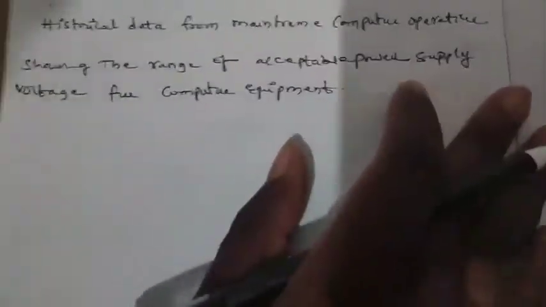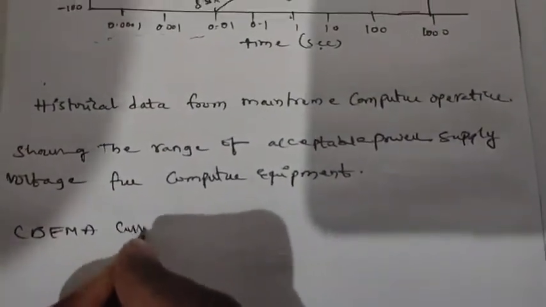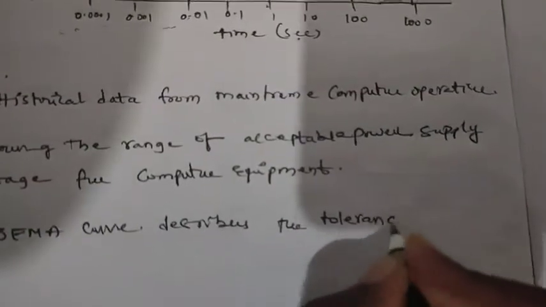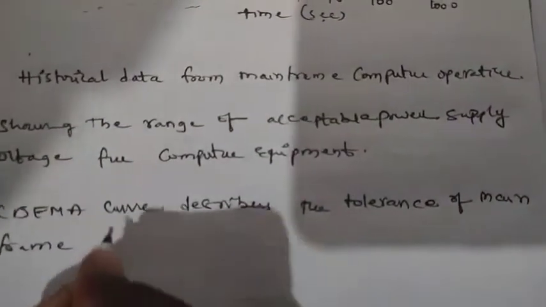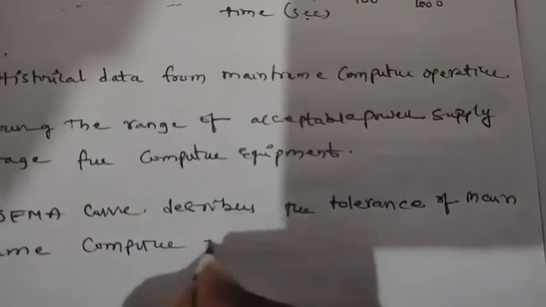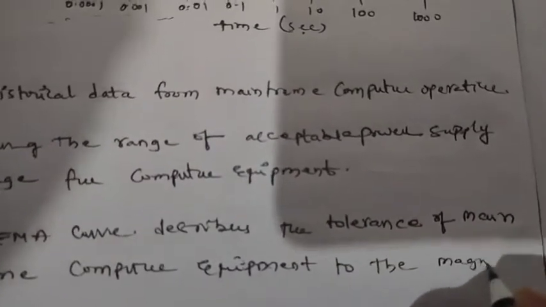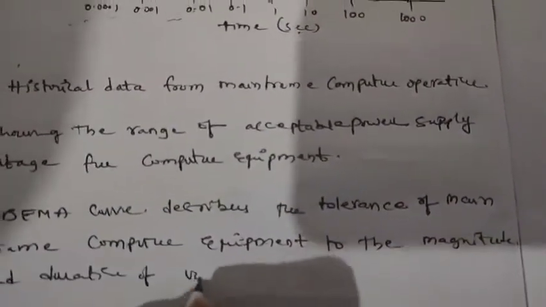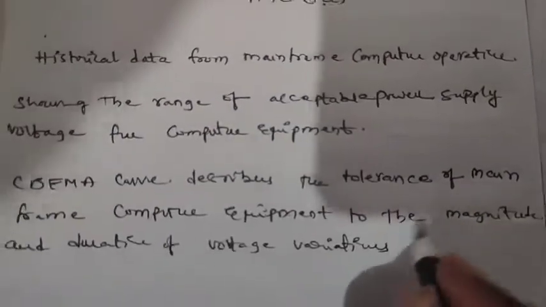The CBEMA curve describes the tolerance of mainframe computer equipment to the magnitude and duration of voltage variations on the power system.